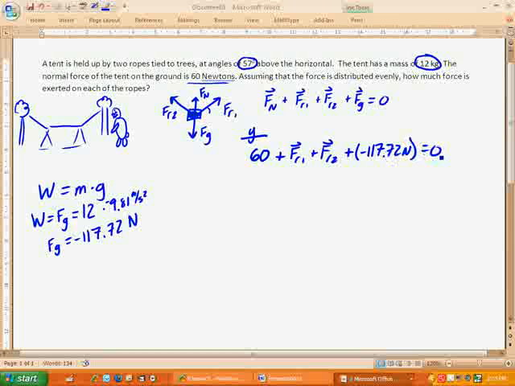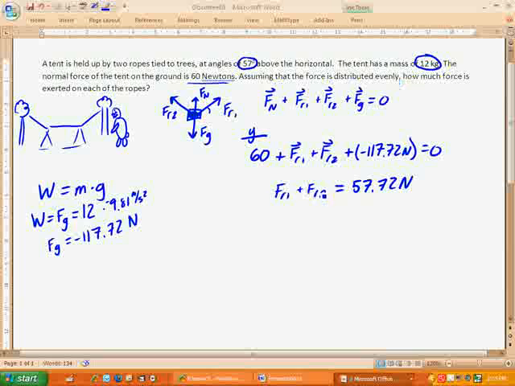And so from here, the algebra is pretty easy. I'll add the 117 to the other side, subtract the 60, which then will give me that the force of rope 1 plus the force of rope 2 is equal to 57.72 newtons. Now it told me that I'm assuming that the force is distributed evenly upon the two ropes.